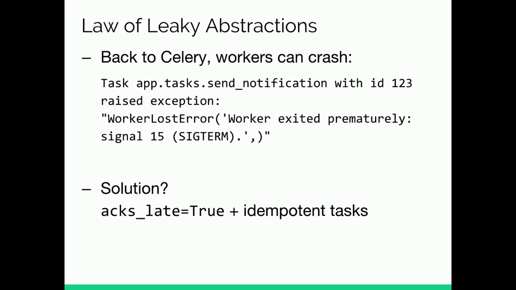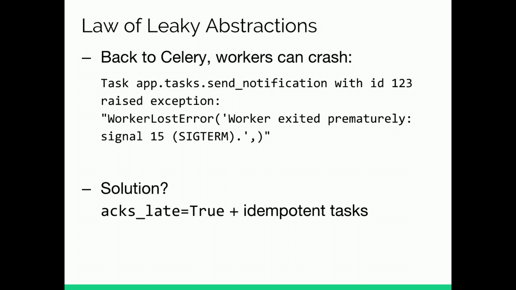Is there any library, sorry, that takes care of this? Probably not if they use brokers, task queues like Celery does, because this is something related to the environment. And if a worker crashes, you need to run the tasks that were interrupted in the middle again. And if you are running them again, you have to make sure that, for example, you're not sending a duplicate email.